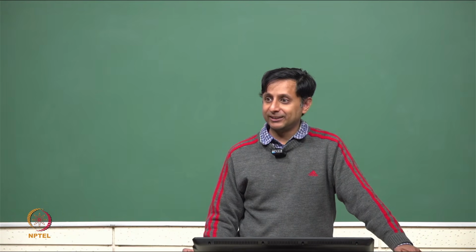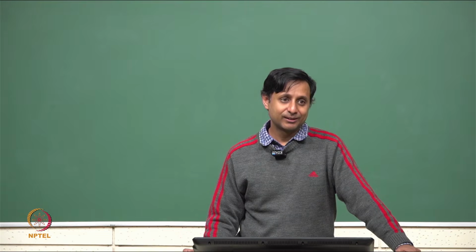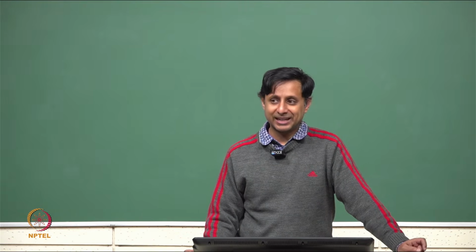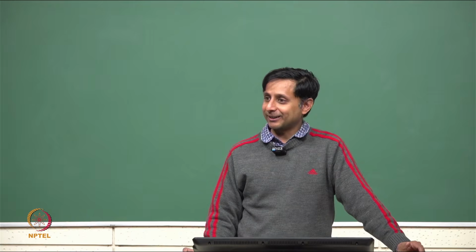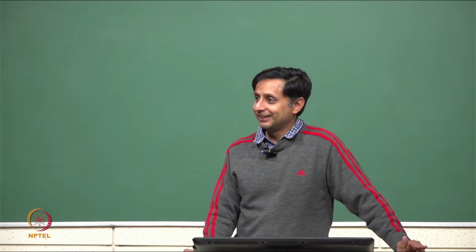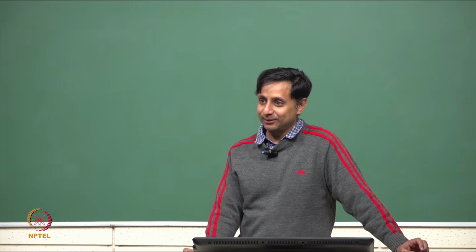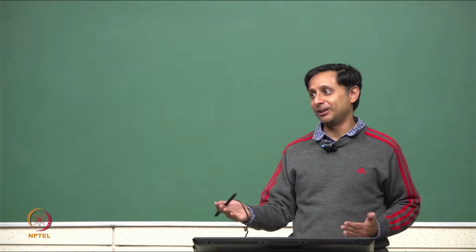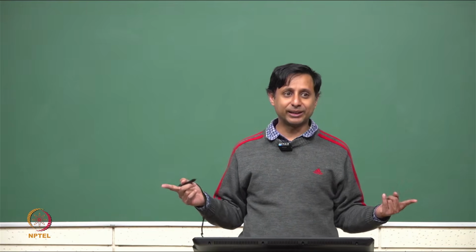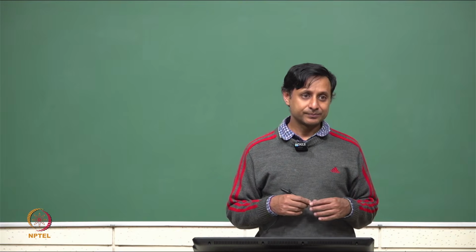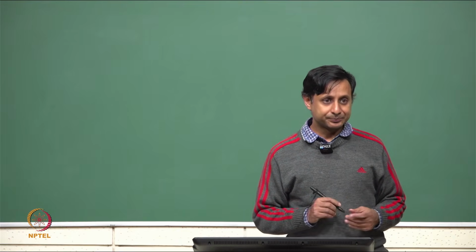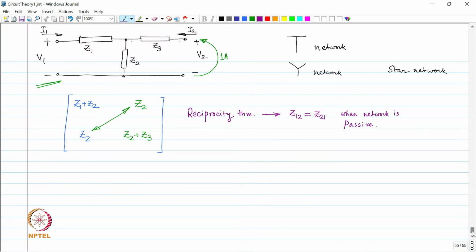If you are not getting it to be symmetric, then you are doing it wrong. So, that is a sanity check. At the exam you can use these as sanity checks. You see that, oh, my Z12 is not coming equal to Z21, must be doing something wrong.